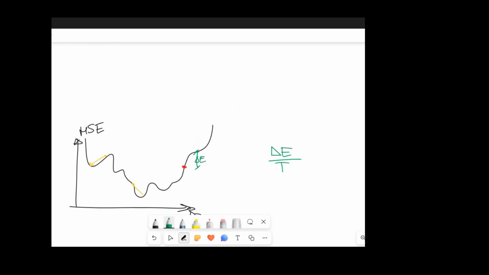I will take it with a probability that depends on that. Let's see how it goes. Let's say my temperature is very high. Then this ratio is very small and goes to 0. The exponential of 0 is 1, so I will take it. If my temperature is very high, I will take it. I don't care if it is worse.